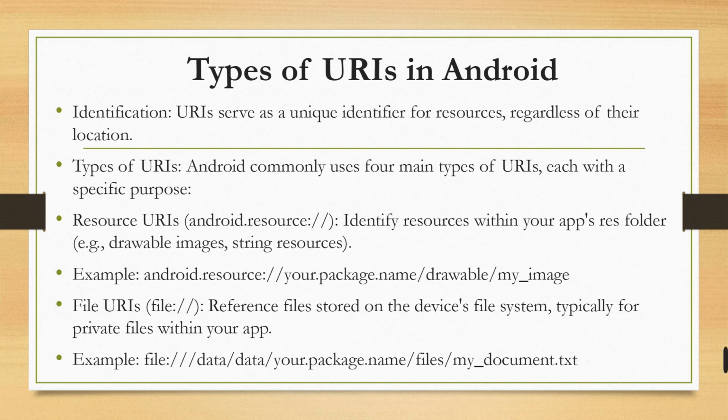So these are the different types of URI in Android. One is your resource URI, which identifies a resource within your app, for example android.resource, package, drawable, my email. If you're working with Android Studio, you can see these things. Next is your file URI, which references a file stored on the device file system.